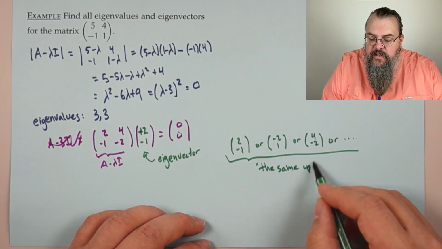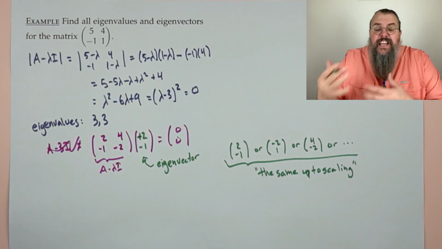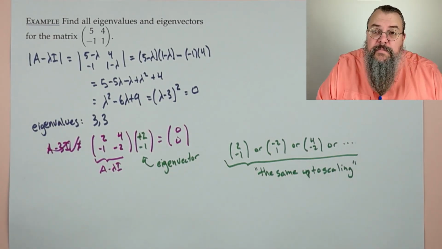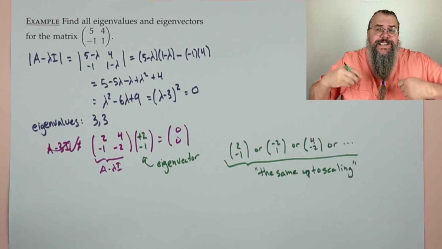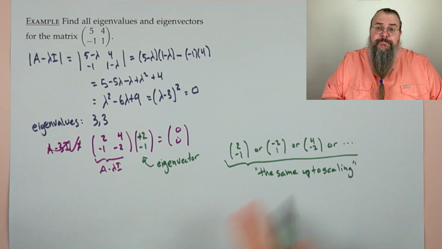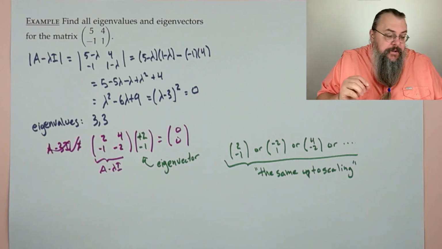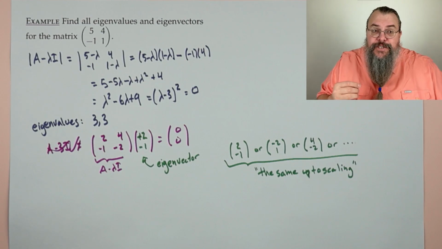In other words, they're not new eigenvectors. They're the same eigenvector multiplied by a constant. We really need a second eigenvector which is not the same up to scaling. And is that possible? Well, we can figure that question out.